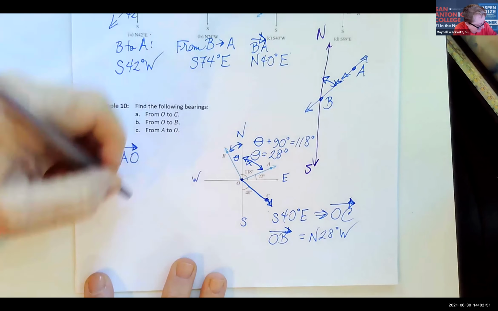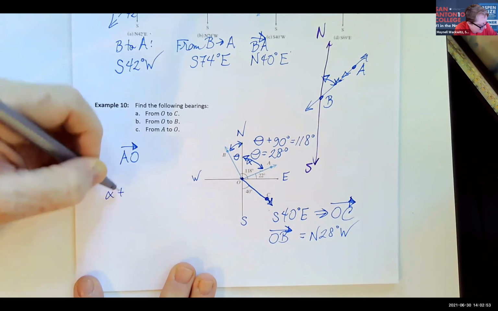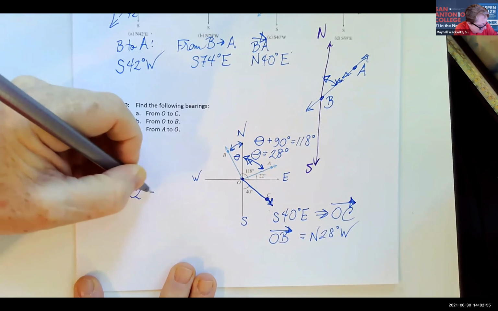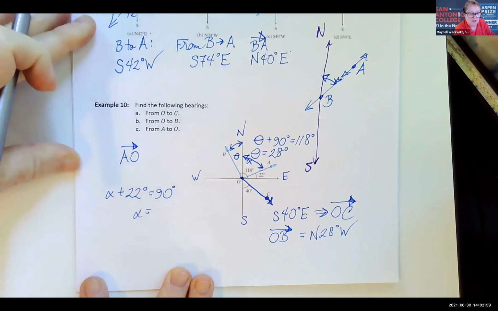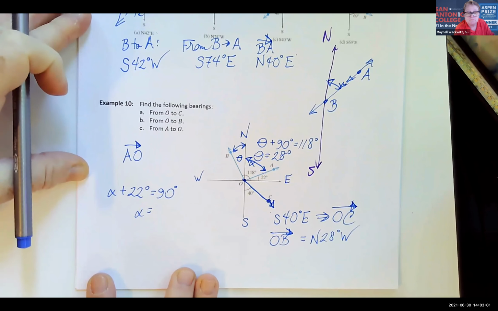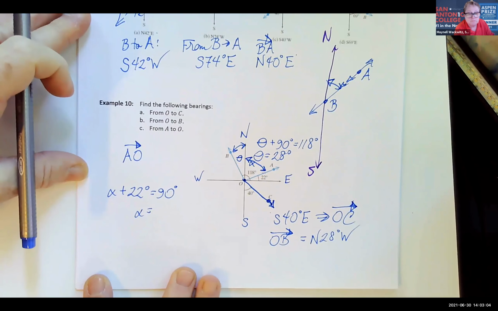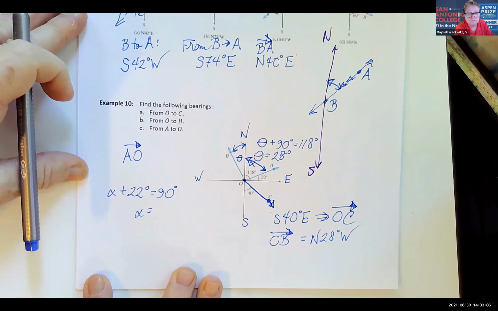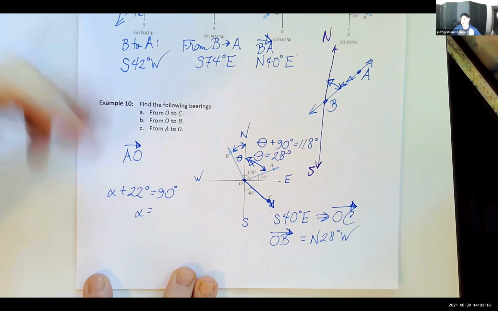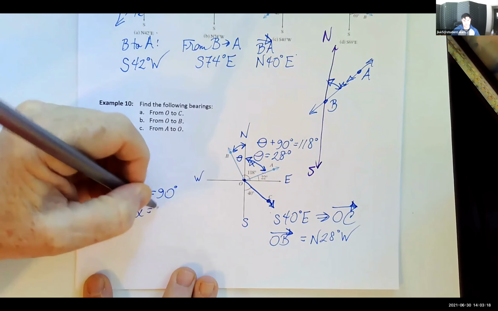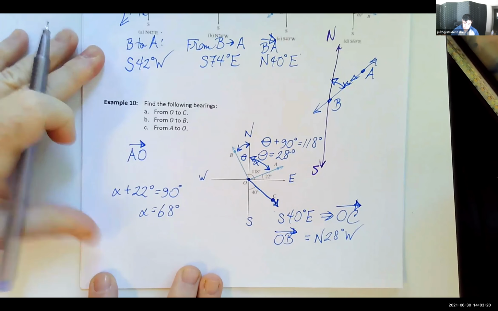We know that alpha plus 22 degrees is 90 degrees. So alpha is equal to 68 degrees. Excellent.